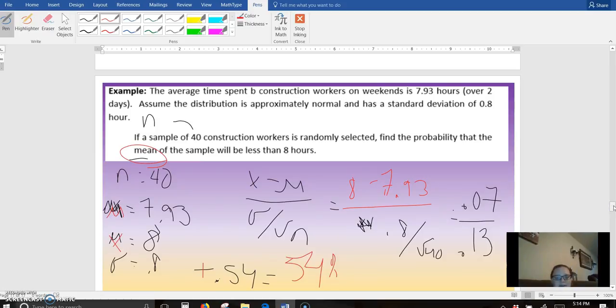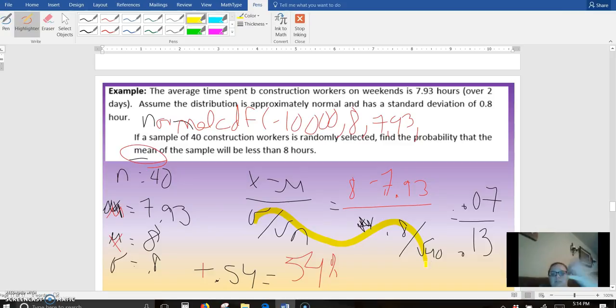All right, for here, what we need to do is normal CDF. It's still less than 8 hours, so the smallest one, and then 8, and then the mean, 7.93. And for our standard deviation, we need to write the standard error. That's this piece. Okay? So if you want, you can just type in the comma, parentheses, 0.8 divided by square root 40. Or you can figure out exactly what that number is and then type it in.